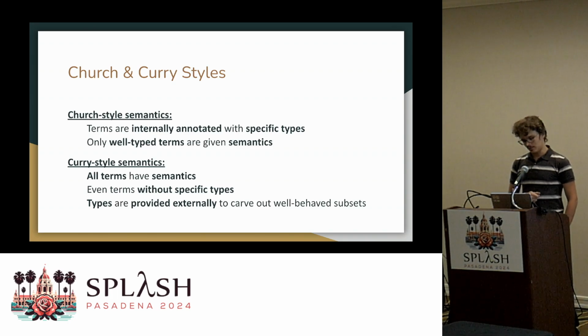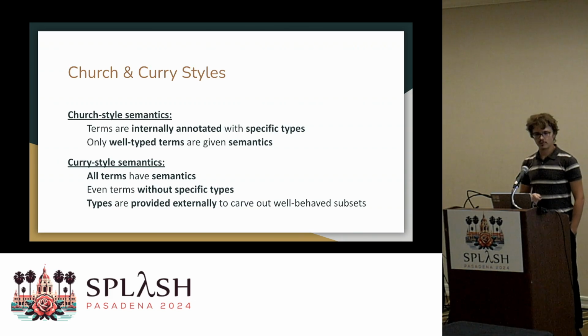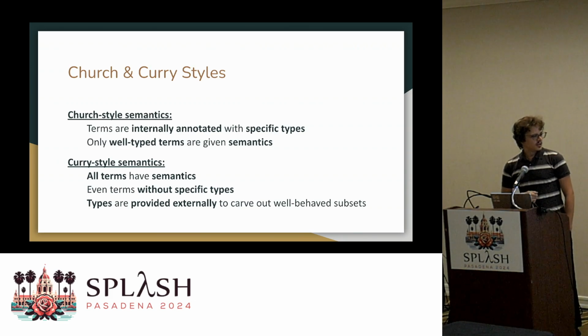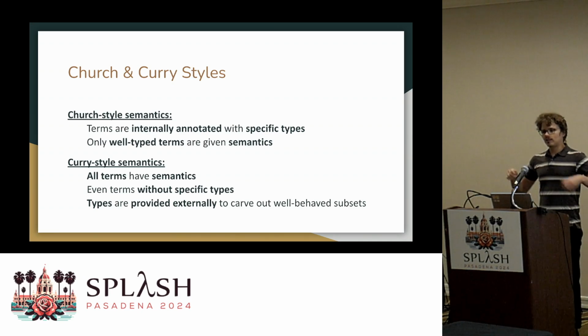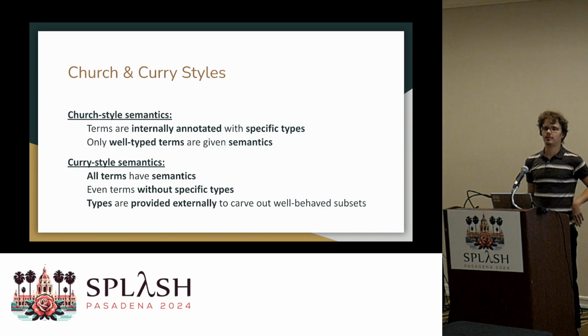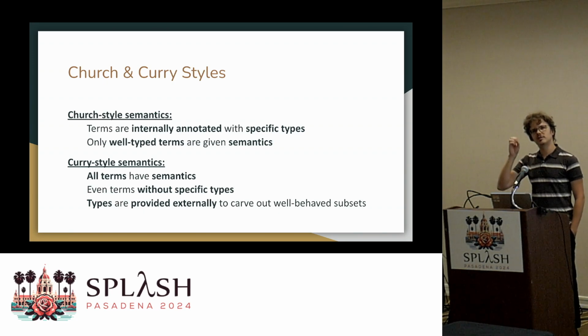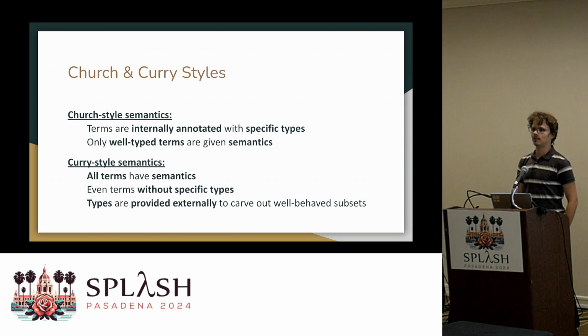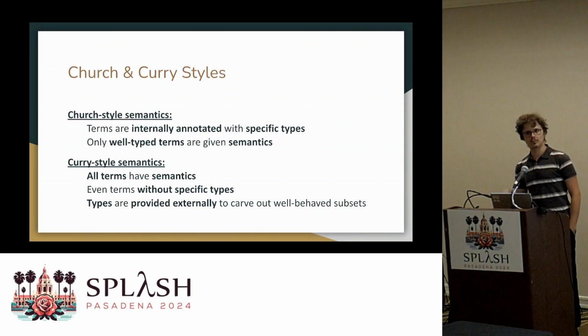All terms have semantics, even those that don't have a well-defined type. And you typically provide types externally. On the existing term, you say, oh, this particular term has this type. And you use types to exclude terms that misbehave, right? Terms that do bad things like crash.